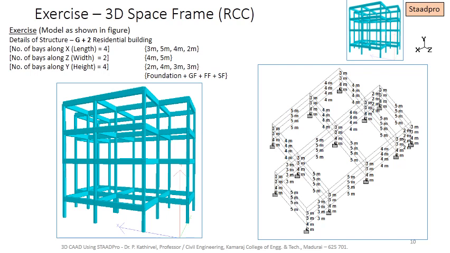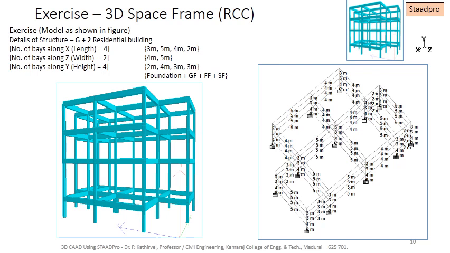The number of bays along the z-axis is 2, which is the width of the building, with bay width 4 meters and 5 meters. The number of bays along the y-axis, which is the height, is 4, which includes the foundation, ground floor, first floor and second floor. The bay heights are foundation 2 meters, ground floor 4 meters, first floor 3 meters and second floor 3 meters.